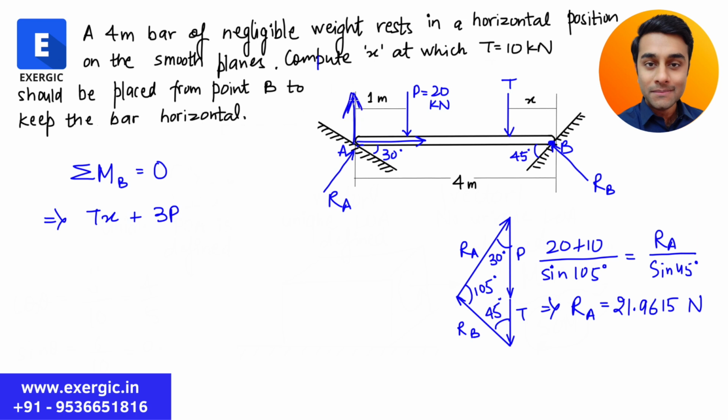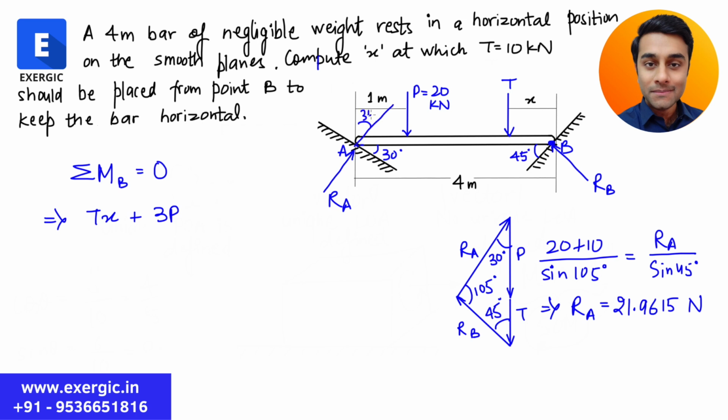This component you can clearly see has a perpendicular distance of 4, right or not? This component is passing through B, so it will become 0. No need to find out its moment, right? I'm not explaining this concept here; I have already done this in the previous examples. So using that knowledge, let me break down RA into two components. This is moving in this direction, right?